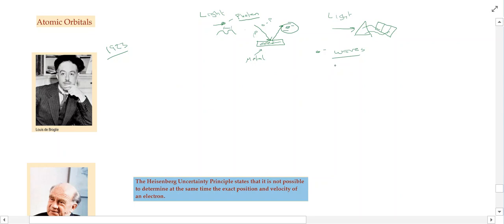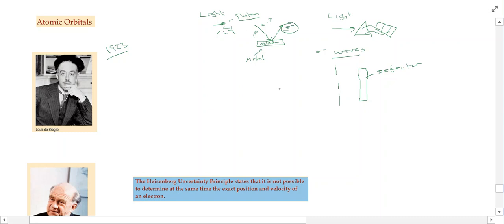They did this in the double slit experiment. Imagine you have a background like this. This is a detector. And here you set up a piece of apparatus that has two slits in it.